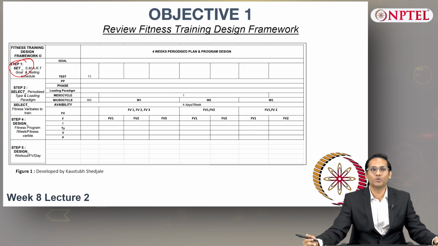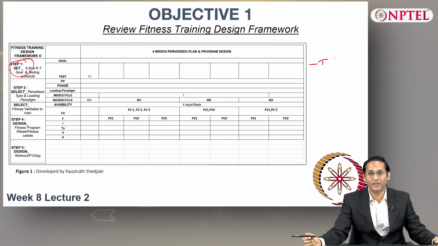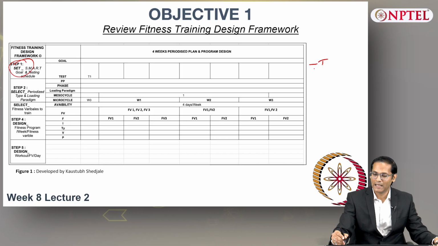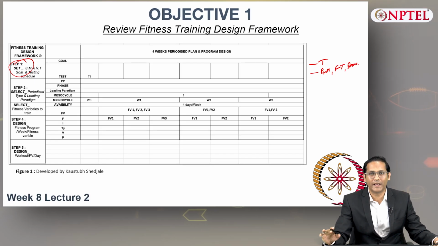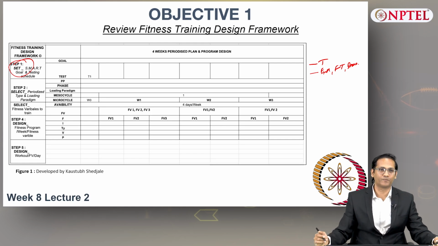And in order to design that SMART goal, you need 2 important pieces of information. One, the time period within which you want to achieve the goal, and then the exercise history, the fitness test and demographic information about the athlete or case that you want to design the program for.